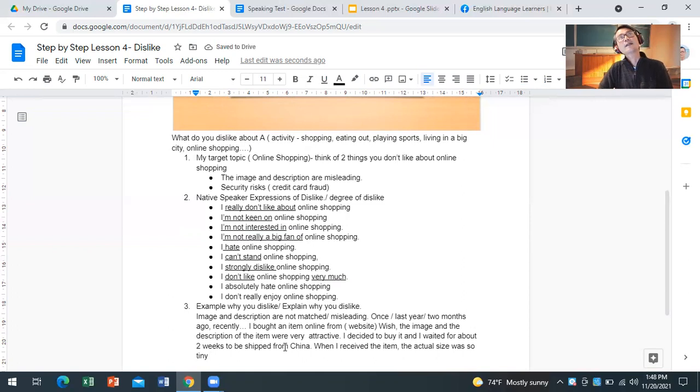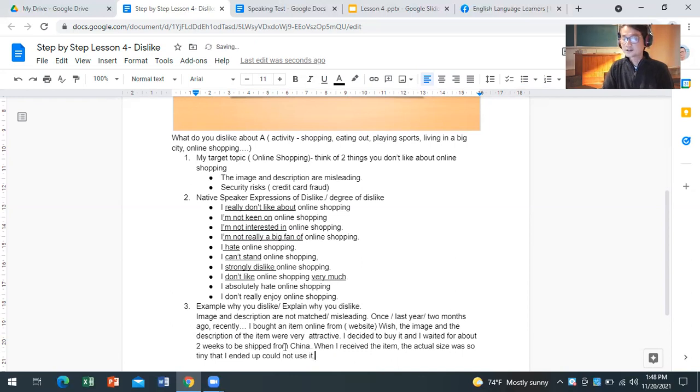Actually, I bought a plant pot for a succulent, and I thought it was nice, but it ended up I could not use it, too tiny.